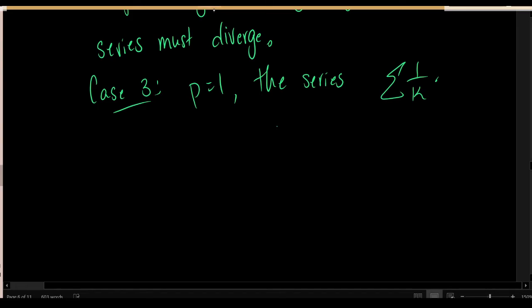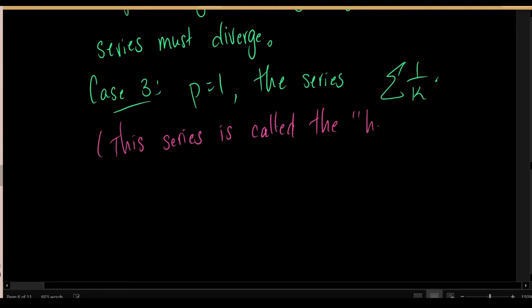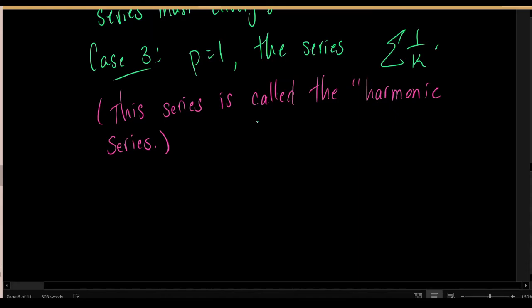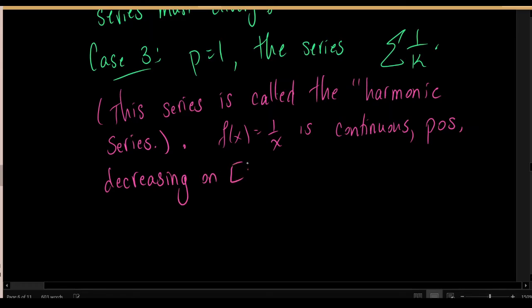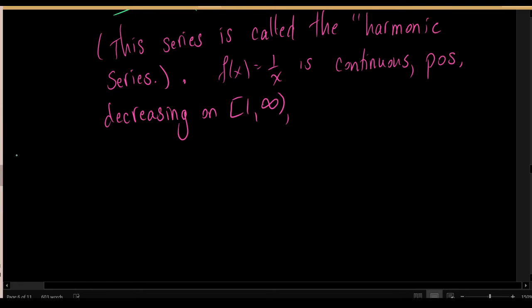This series is called the harmonic series. So let's consider whether or not the harmonic series, 1 over variable, converges or diverges. Now once again, the requirements of the integral test are satisfied on the interval from 1 to infinity, and you can confirm this, for example, using a graph.